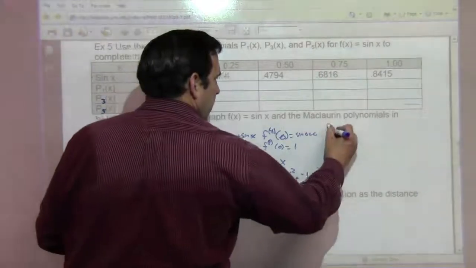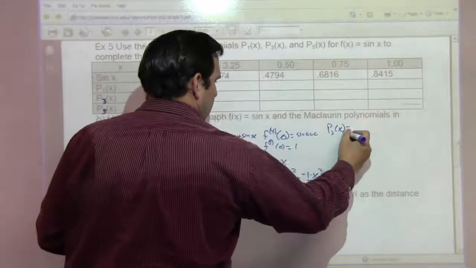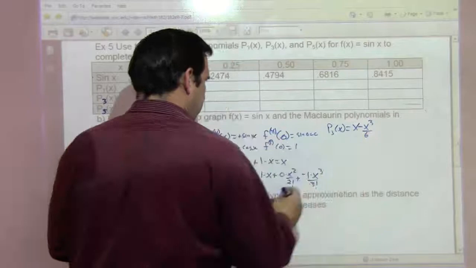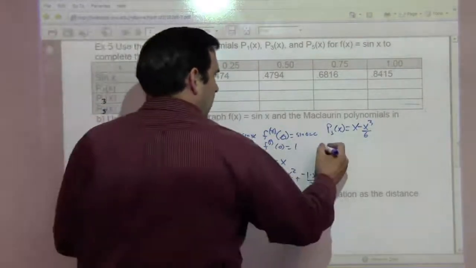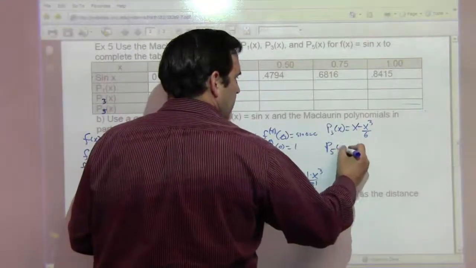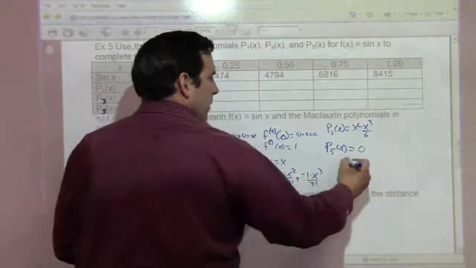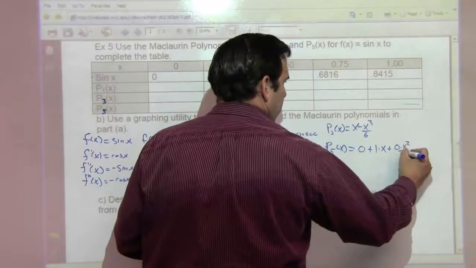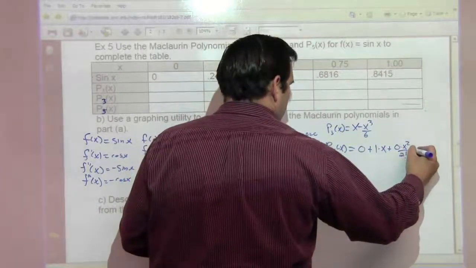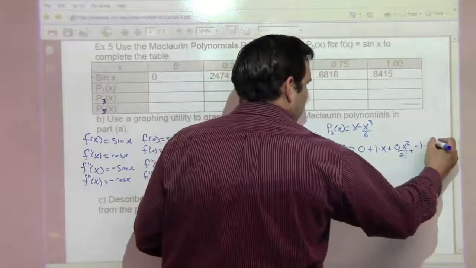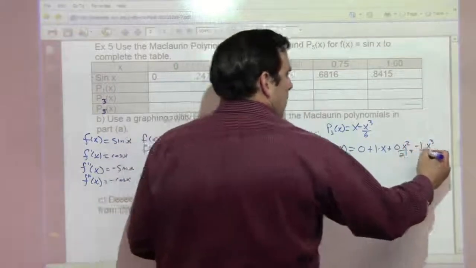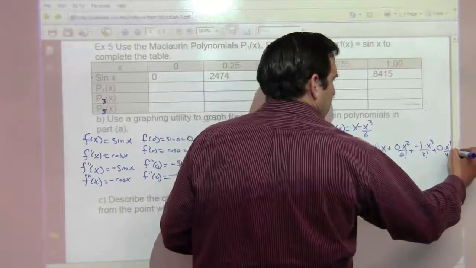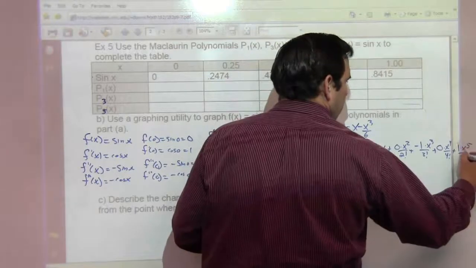So our P3 of x is going to be x minus x cubed over 6. And P5 of x is going to be 0 for the first part, plus 1 times x plus 0 times x squared over 2 factorial plus negative 1 times x cubed over 3 factorial plus 0 times x to the fourth over 4 factorial plus 1 times x to the fifth over 5 factorial.